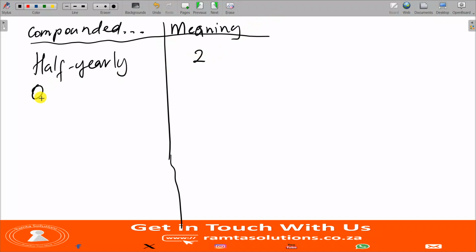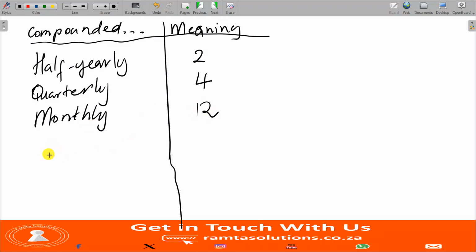Then there's quarterly. How many quarters are there in a year? Guys, you are still in high school. You go to school in 4 quarters. You have 4 breaks, right? So the meaning of quarterly is 4. Then we move to monthly. How many months do we have in a year? We have 12. Then weekly.